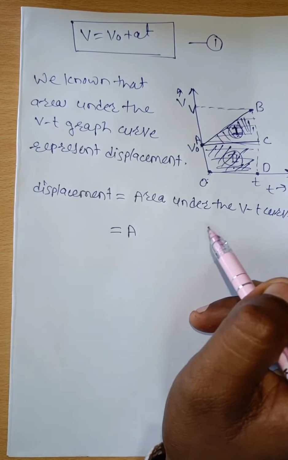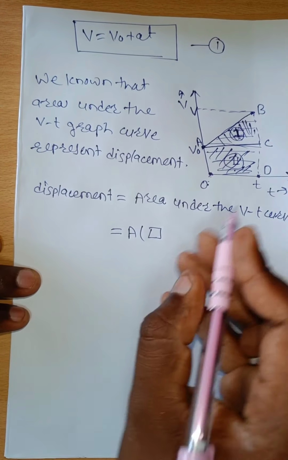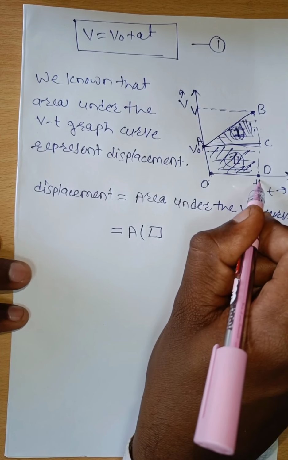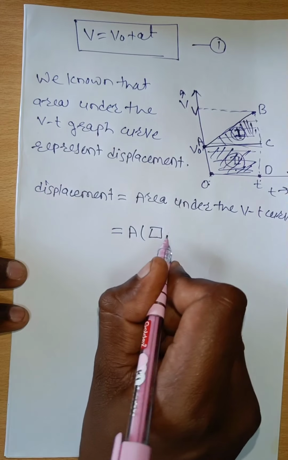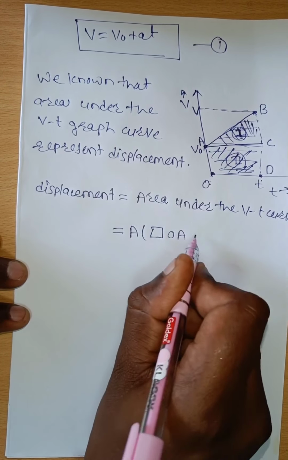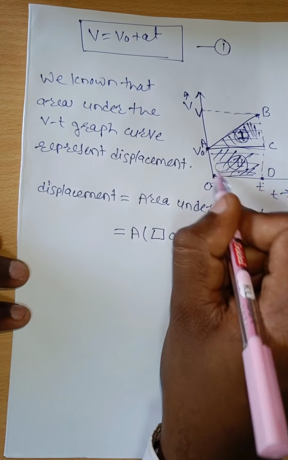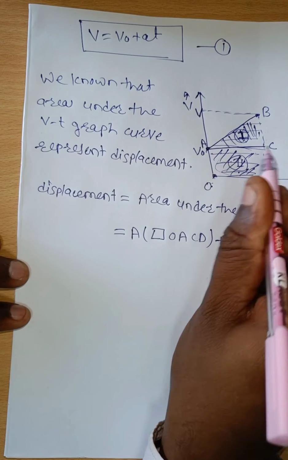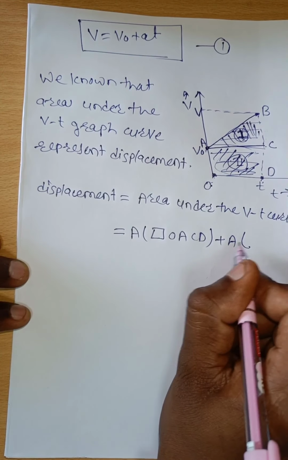Therefore area under the curve is equal to area of rectangle OACD plus area of triangle ABC.